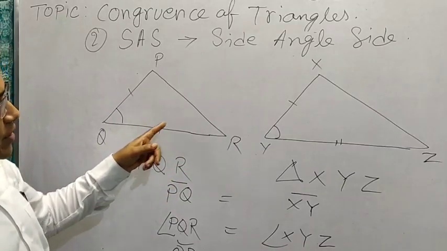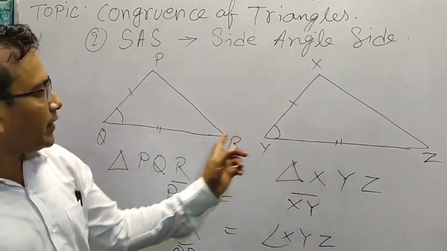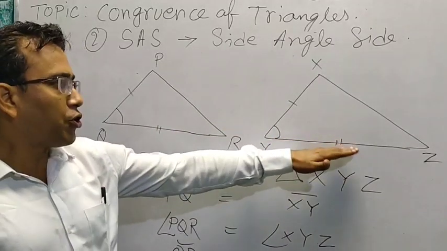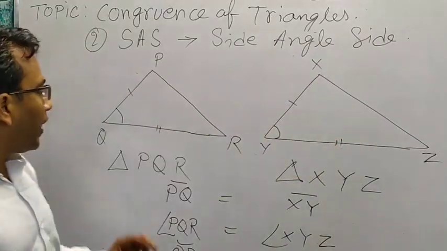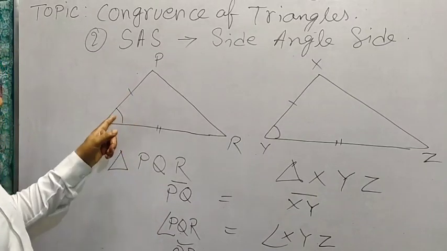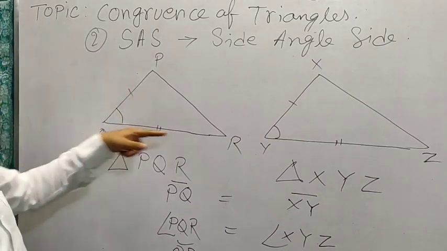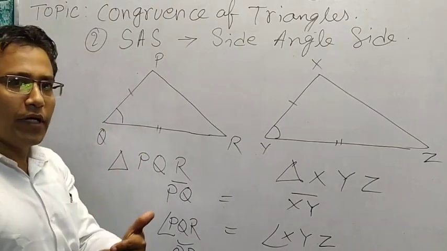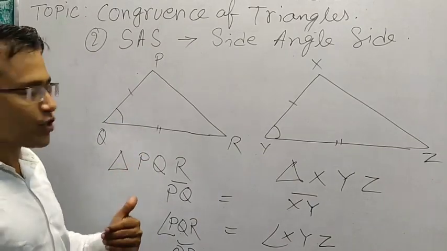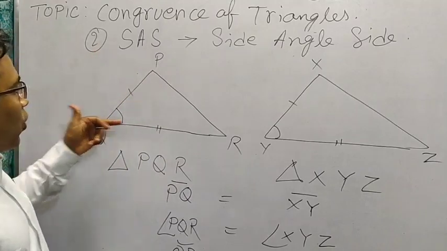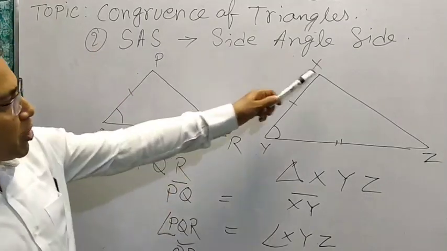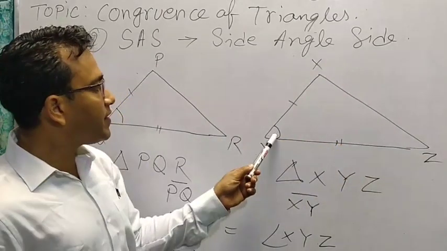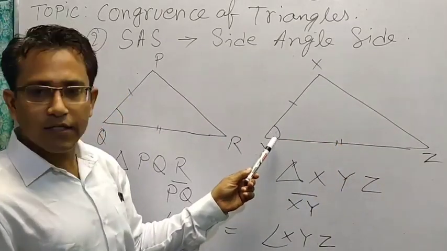These two dashes and these two dashes mean this side is equal to the corresponding side. And between these two sides, there is an angle PQR. You know, angles are always named as per their vertex. So PQR, and in the corresponding triangle, this is the angle XYZ.